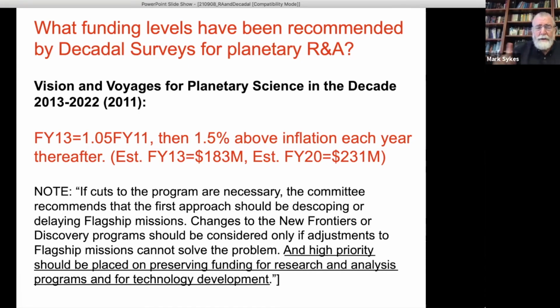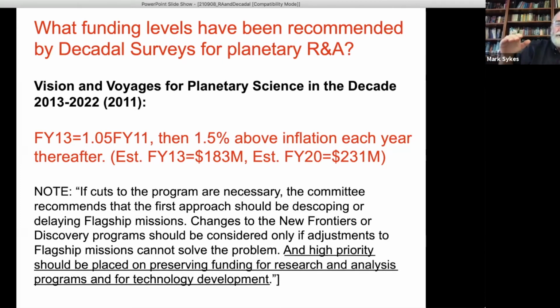But one thing I would note, in terms of the importance that the second decadal applied to the research and analysis programs, and this was a question I brought up after the first decadal survey. Well, I'll come back to that. It says, if you don't have enough money to do all the recommendations, then what do you do?